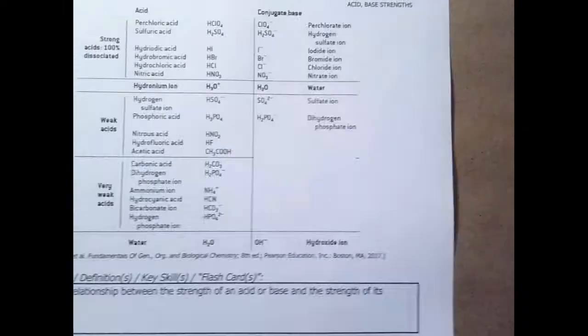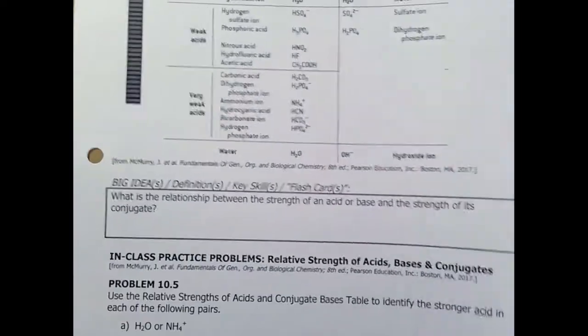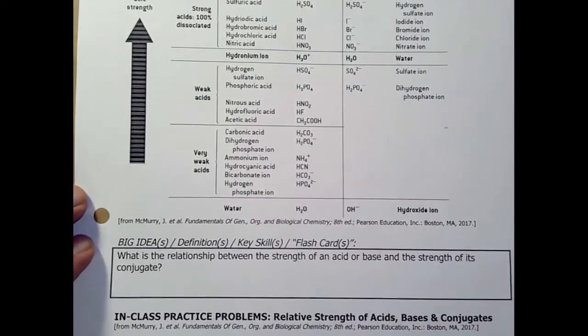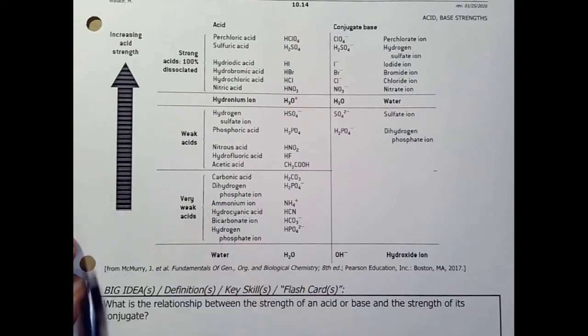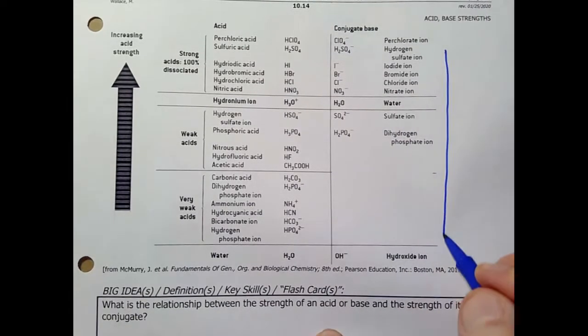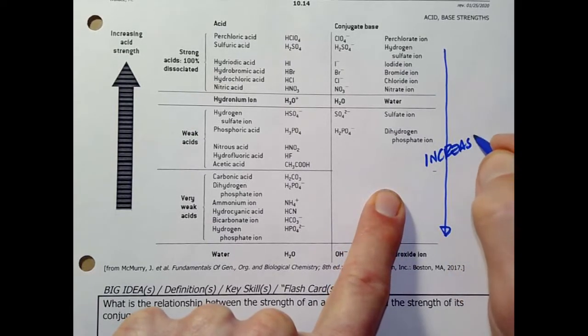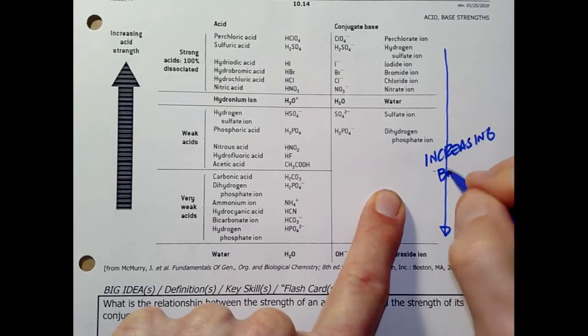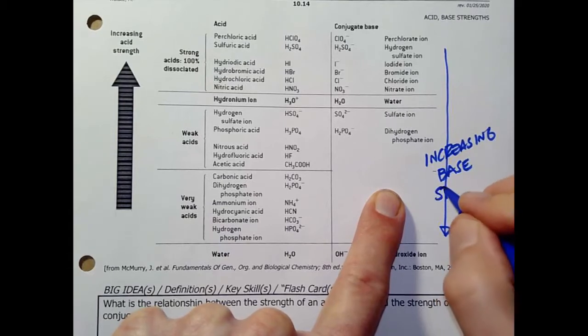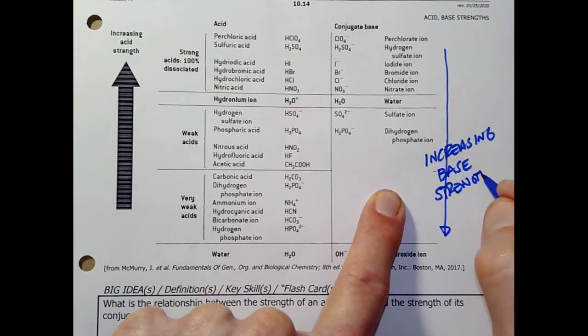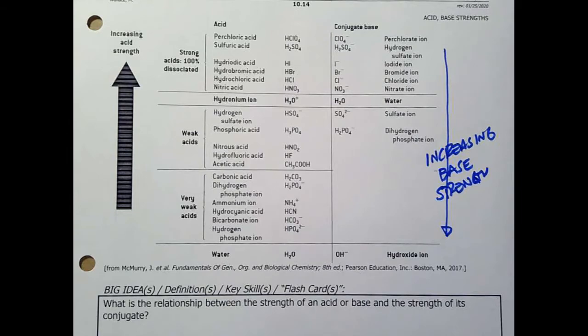Now let's look at the next page. And I'm going to just repeat this. Well, there's my increasing acid strength. So I'll put increasing base strength. And I'm just repeating this here.